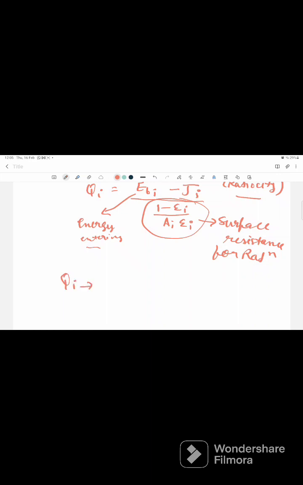Q is (Ji minus Jj) upon 1 upon Ai Fij. This is the medium resistance.